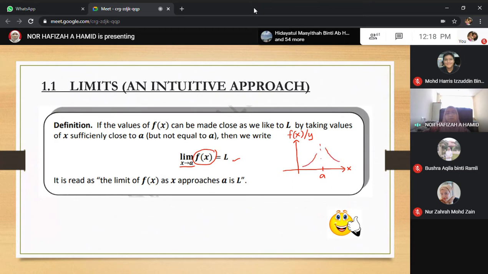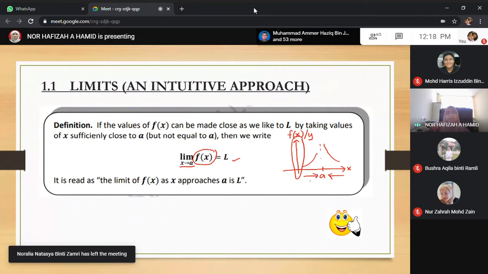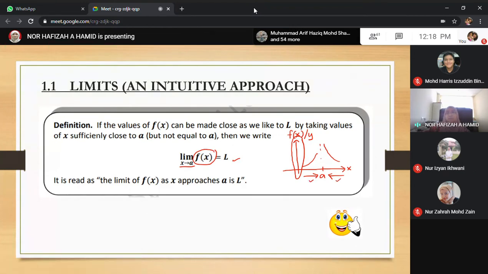So we need to find the value of the y-axis when x approaches a. We approach a from two sides, from the left or from the right. The aim is to find the value at the y-axis when x approaches a certain value, but not equal to a. Dia hanya approaches je. That is the definition of the limit.